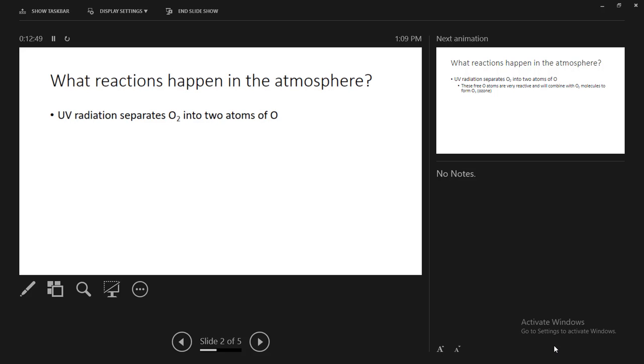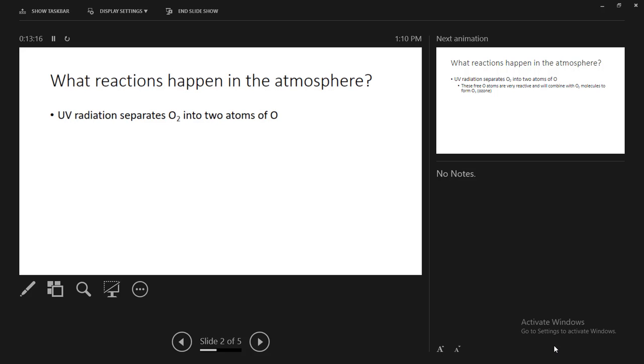Okay, does this make sense? Okay, so this first reaction, all of this to just show us our first reaction. UV radiation separates molecular oxygen, O2, into two atoms of oxygen. Right now we've got O2, this molecule of oxygen. We've got UV radiation.